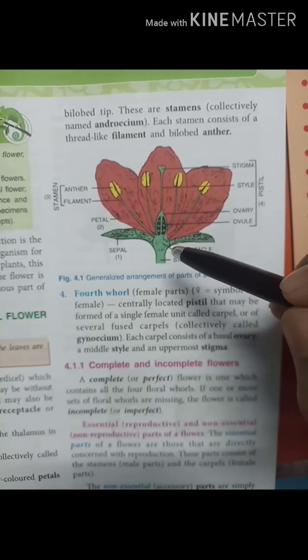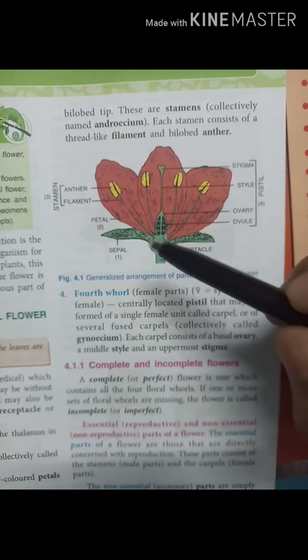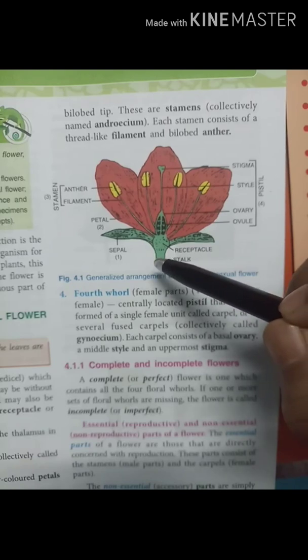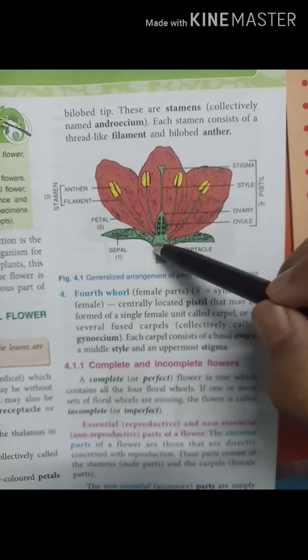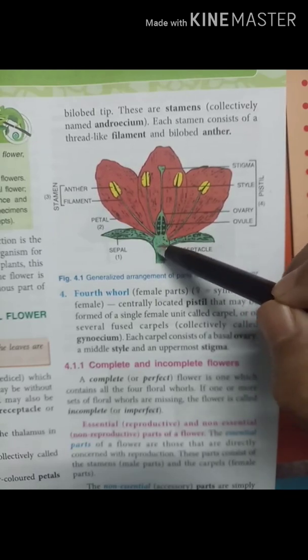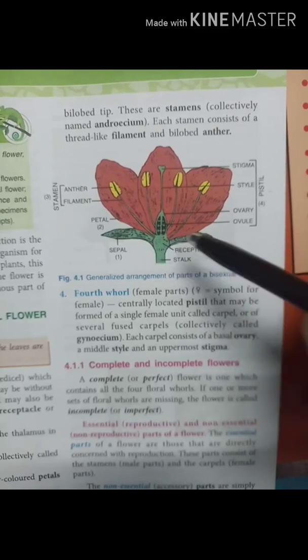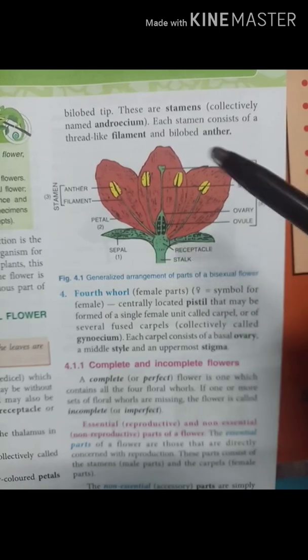Sessile flowers are those not having a stalk. The tip of the stalk may also be enlarged to form a cup-shaped structure called receptacle or thalamus. So the thalamus or receptacle is the swollen tip of the stalk.